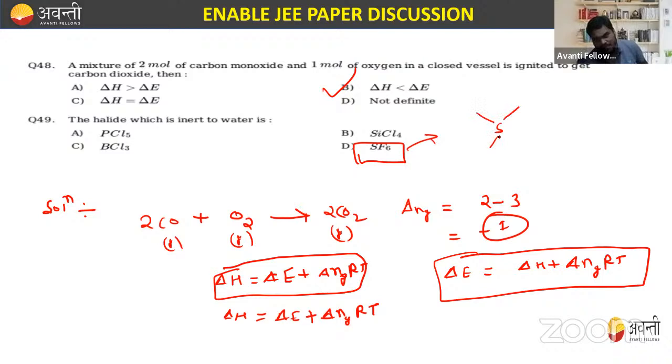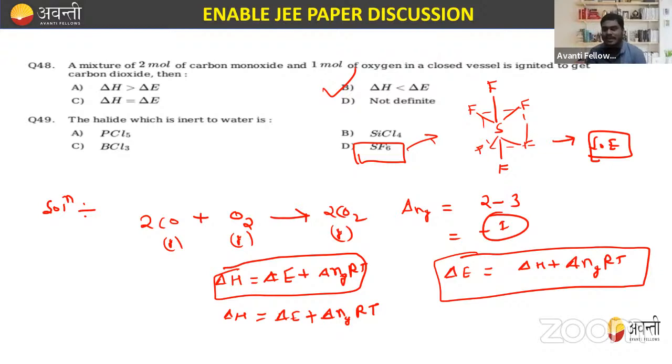Because in SF6 there are 6 atoms of fluorine, and due to this high steric effect and the repulsion between them, the halide which is inert to the water is SF6.